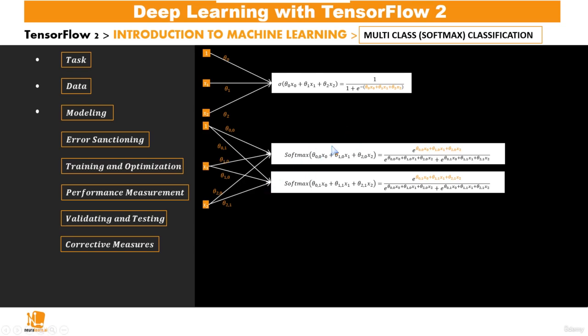Then there is some modification at the level of the output. Instead of the sigmoid function, which we saw previously, we have the softmax. How does the softmax function work? The softmax of theta 0,0 x0 plus theta 1,0 x1 plus theta 2,0 x2.